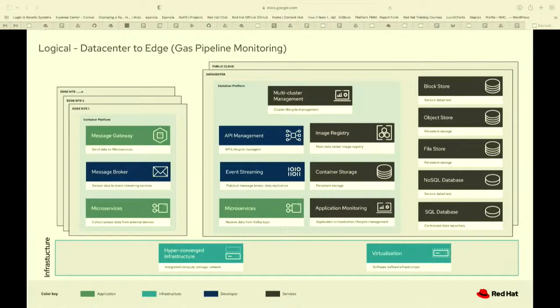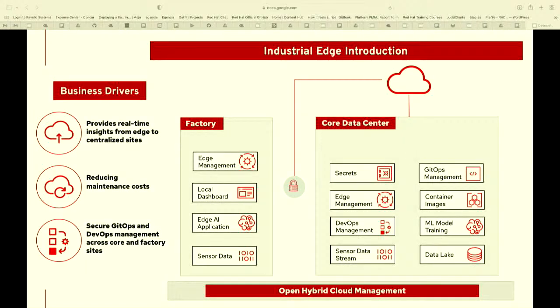All right, let me jump to the next example. This one is industry edge. It's the same kind of idea, an exact application of it.